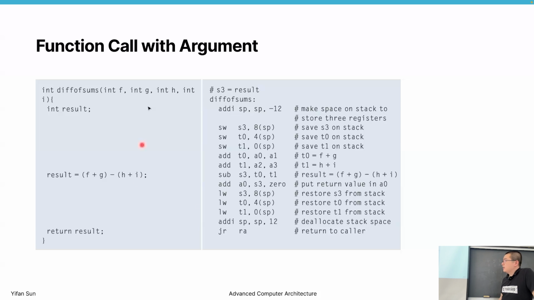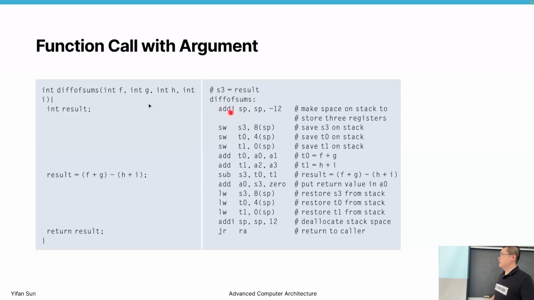In that case, can we reduce some of the loads and stores, so that if the caller is not really using them, we just let the callee use them? In this case, RISC-V makes this definition: S3, if it starts with an S, is a saved register. That means the callee should not modify it. If the callee needs to modify it, it needs to recover it.